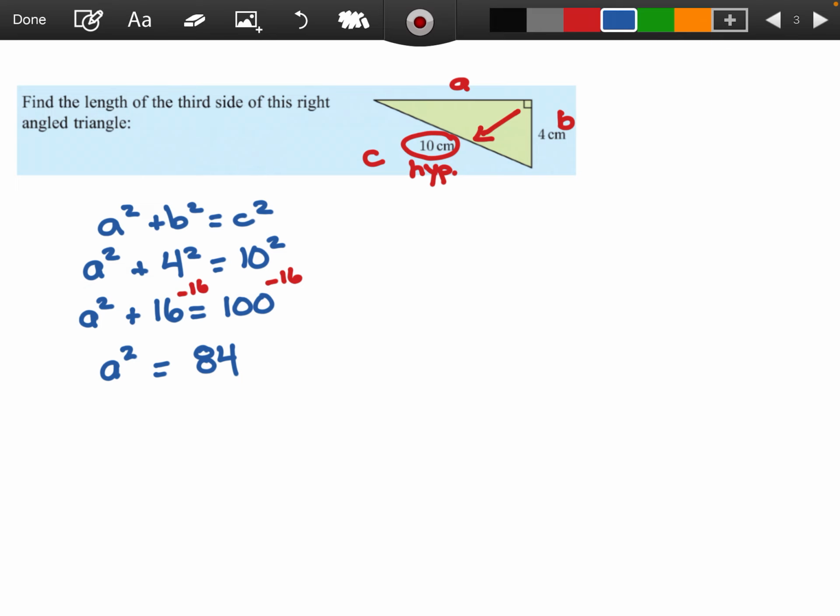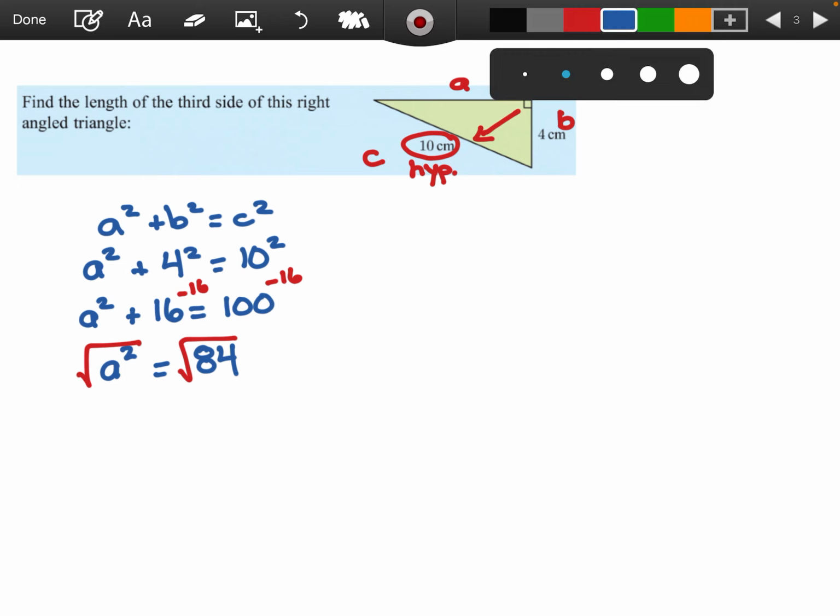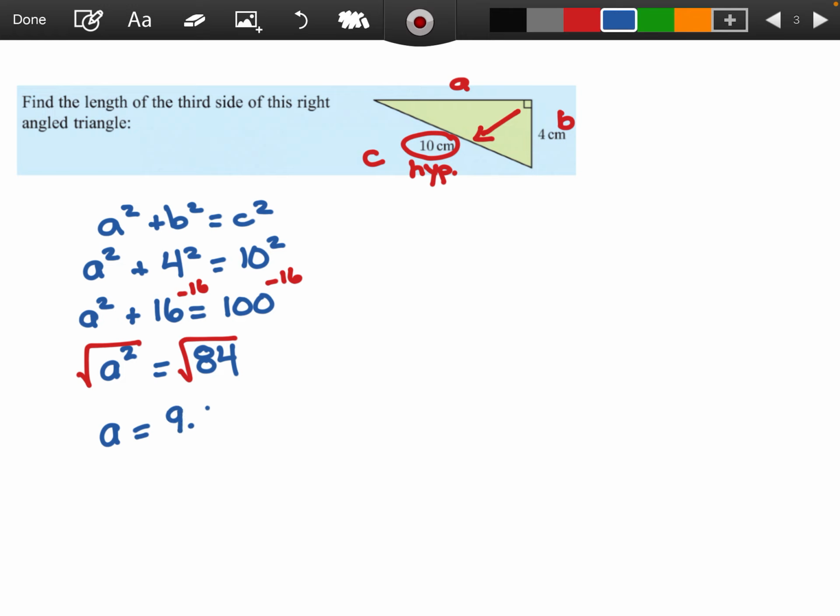So now to figure out what just a is, I need to do the inverse operation of squaring, which is square rooting. So I'm going to take the square root of both sides. So that leaves me with a is equal to, and the square root of 84 on my calculator is 9.1651. So I'm just going to throw a couple of extra decimal place values in there.